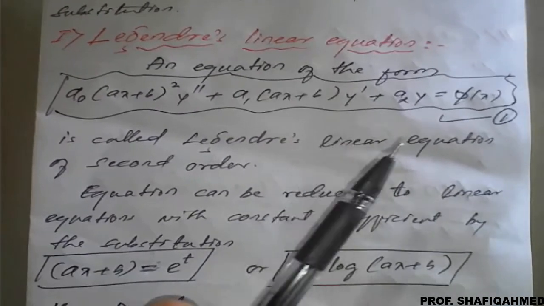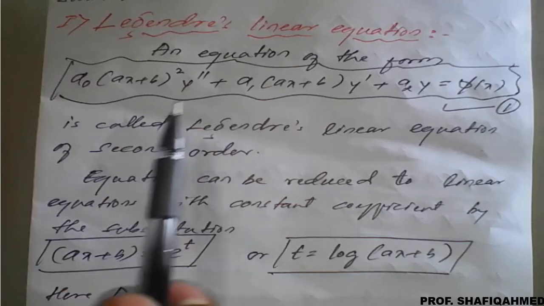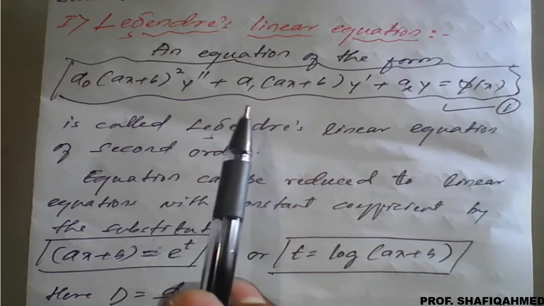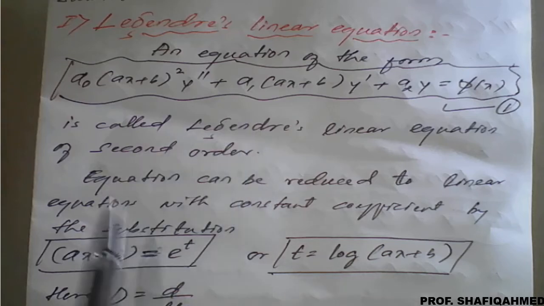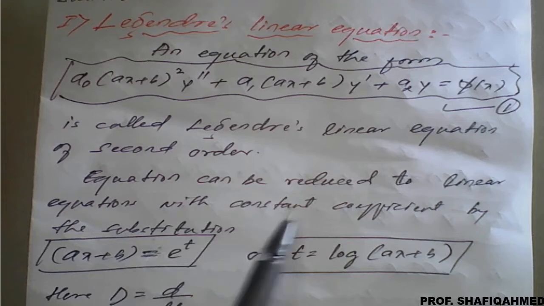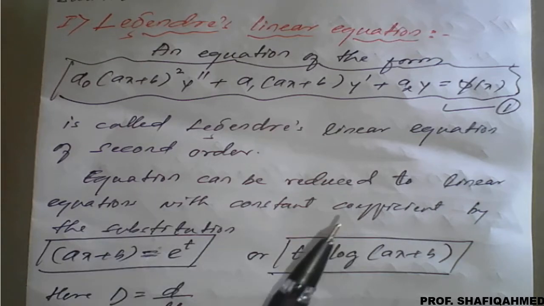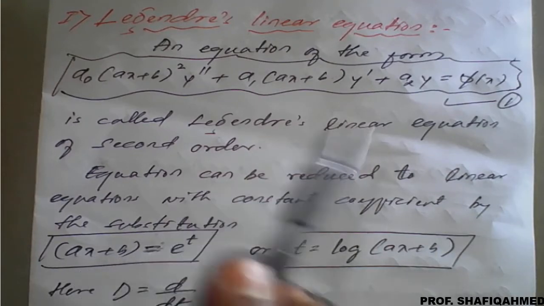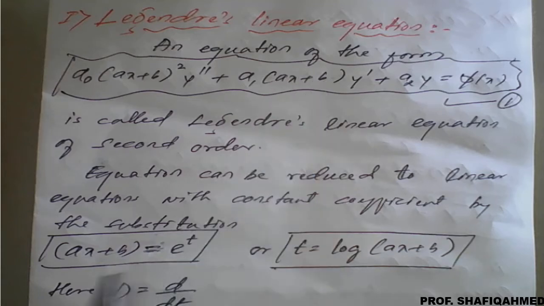This equation, with variable coefficients, we are going to reduce first. The equation can be reduced to a linear equation with constant coefficient by a substitution. So what is the substitution? The substitution is: ax plus b, we have to replace by e raised to t.